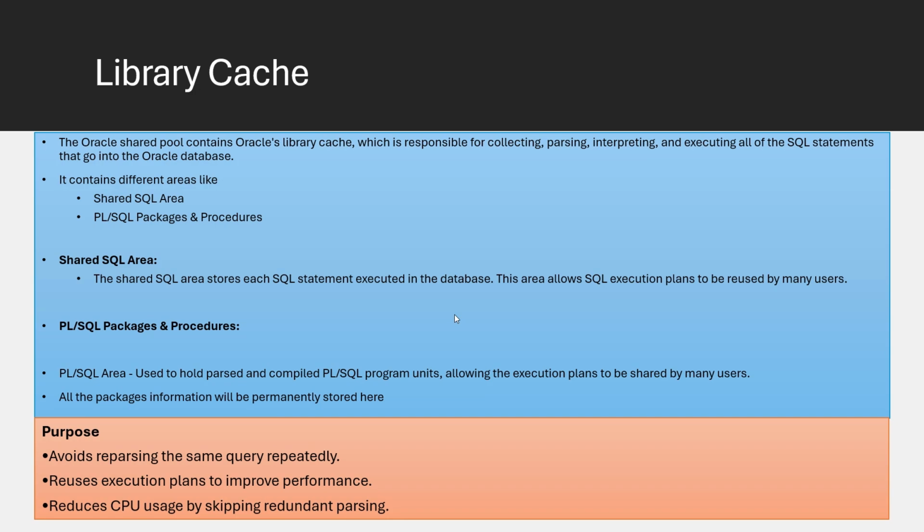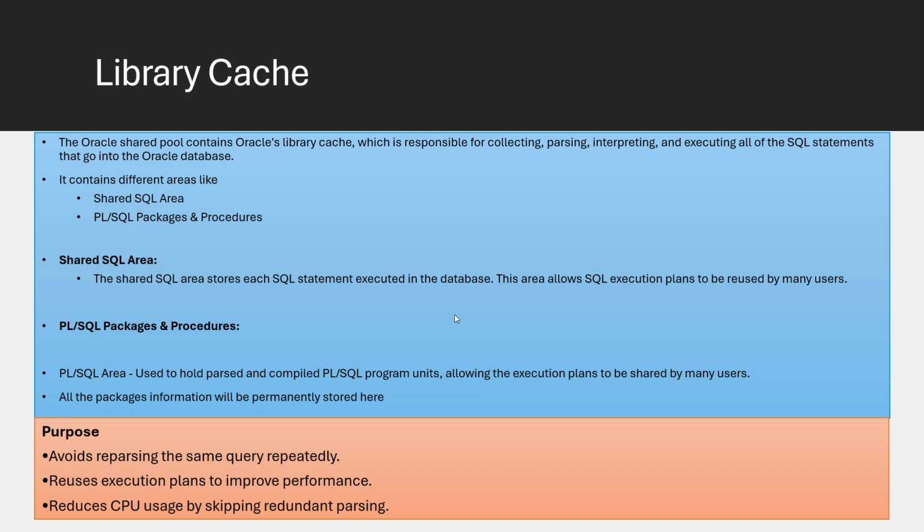The server process will connect to the shared pool, and the library cache will do the collection of those queries, parsing, compiling, and executing of those SQL statements. Again, the library cache has two subcomponents: the shared SQL area and PL/SQL package processes.